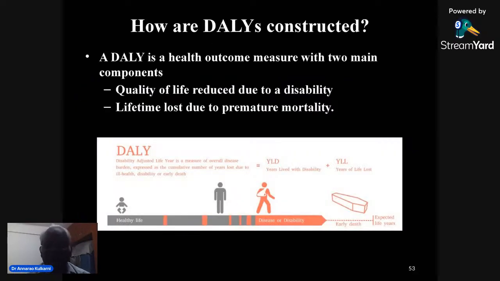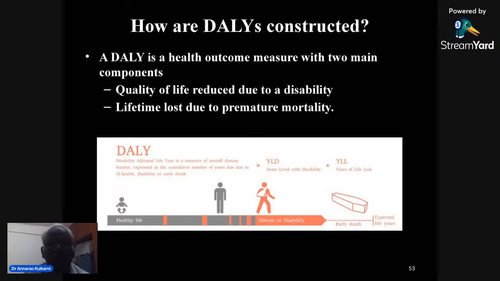Now we will try to understand how DALYs are constructed. A DALY is a health outcome measure with two main components: quality of life reduced due to disability, or lifetime lost due to premature death. So imagine a person is born in a country with this much life expectancy.